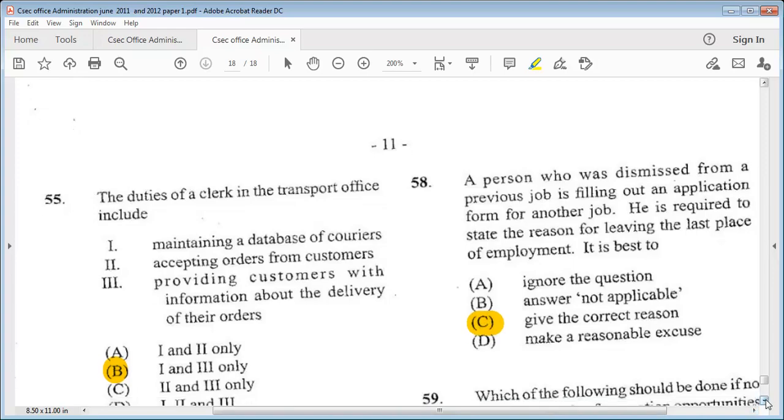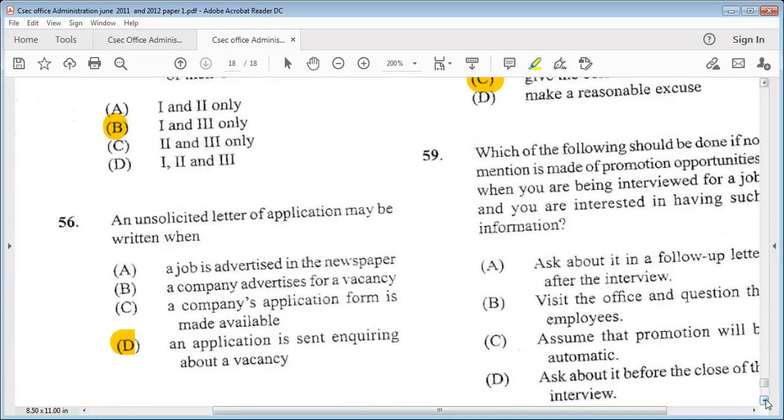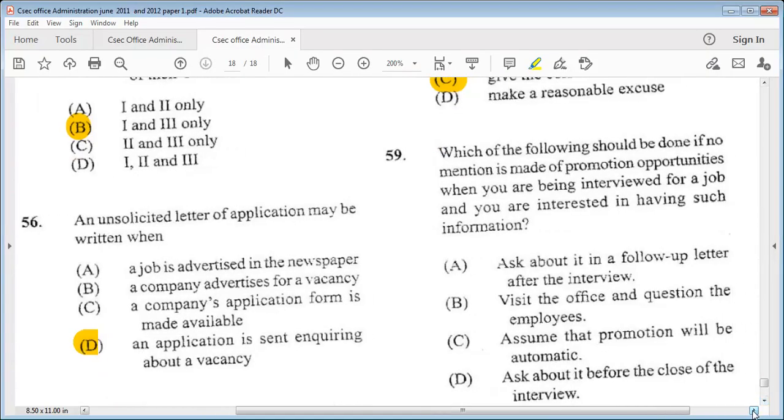Let's go on to question 59. Here it says, which of the following should be done if no mention is made of promotion opportunities when you are being interviewed for a job and you are interested in having such information? A. Ask about it in a follow-up letter after the interview.